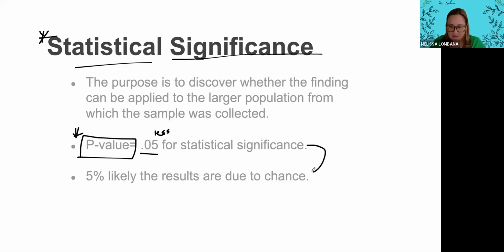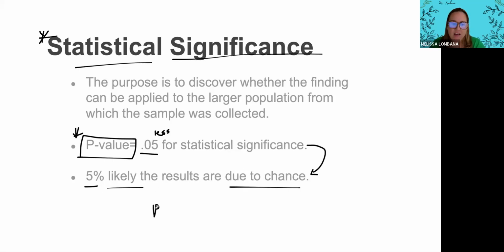This is the answer you're going to put all the time: this means 5% of the results are due to chance. I'll say it again: 5% of the results are due to chance.